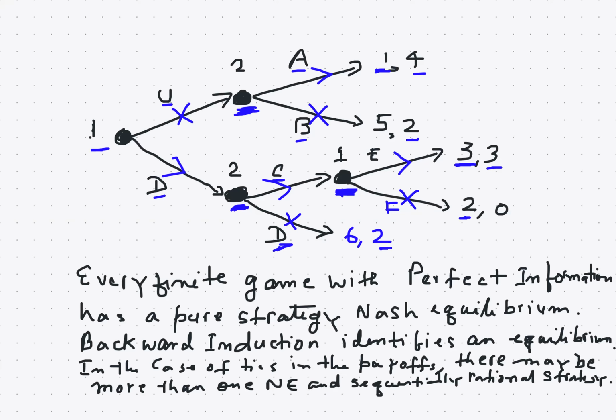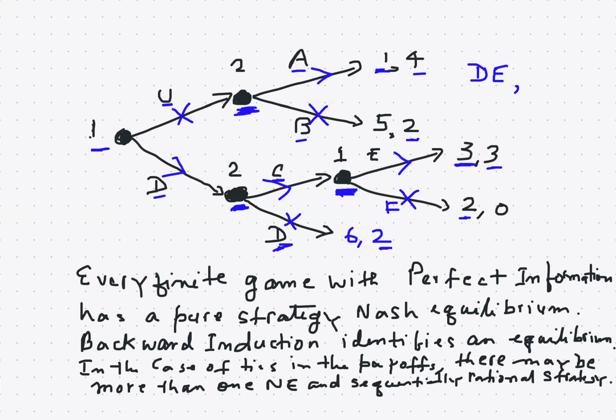So the strategy profile that is Nash equilibrium in this game is player 1 playing D in the first stage, and then at the third stage, player 1 is going to play E. And for player 2, if the game reaches the upper node of player 2, which is not the case here, you still have to specify what would be the optimal strategy for player 2.